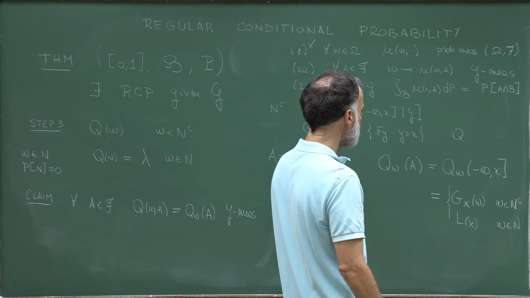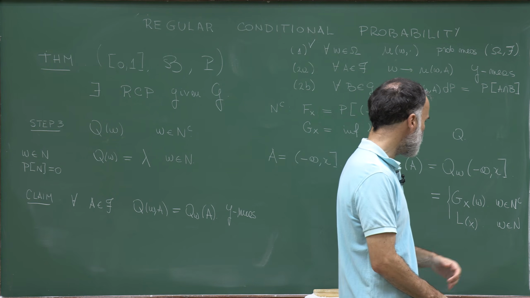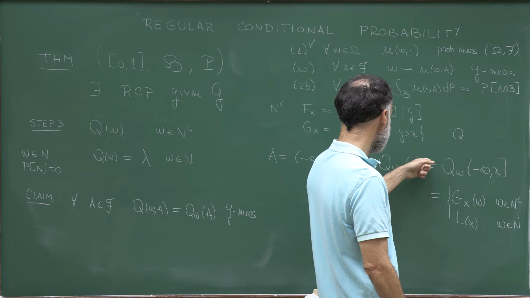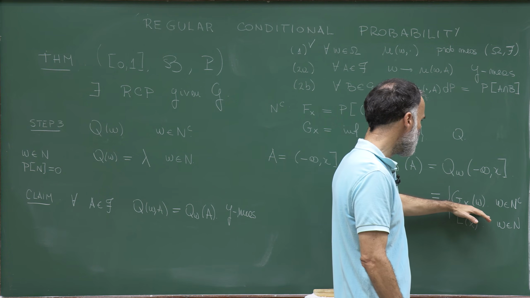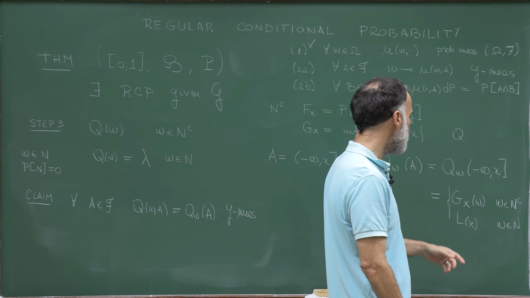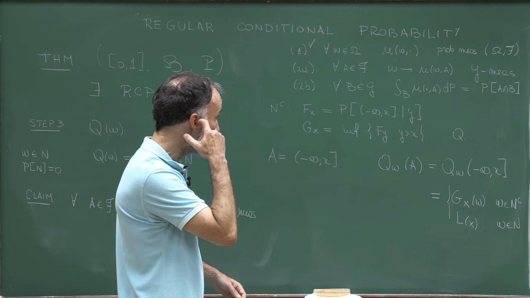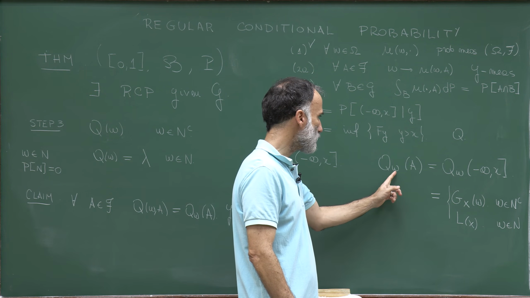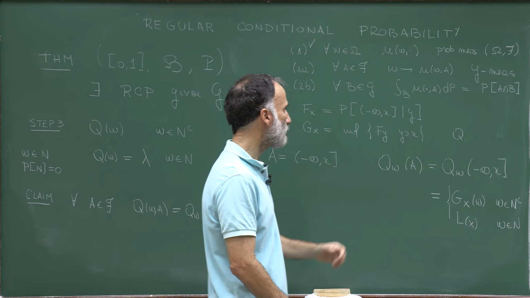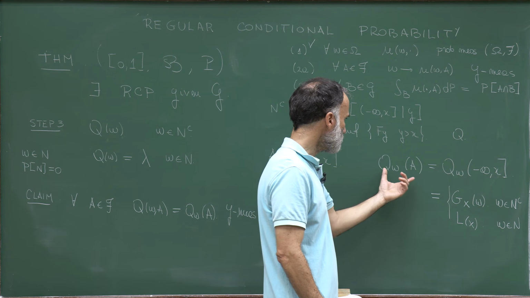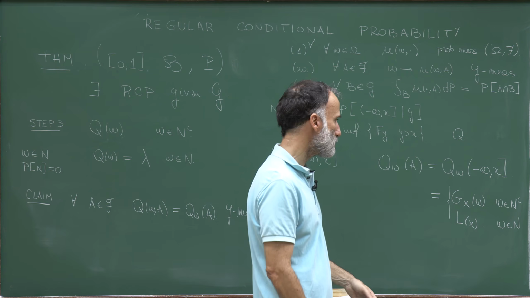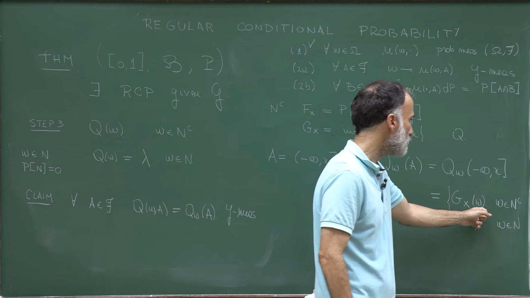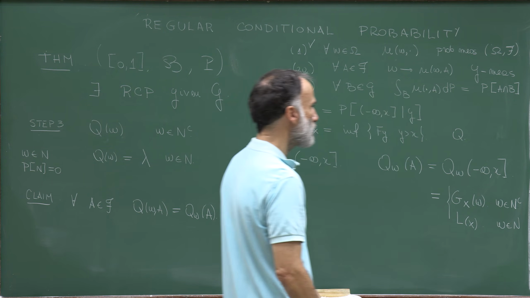And by construction, Gx is G measurable, n is G measurable. So this means that this function here is equal to that one almost everywhere, and therefore this as a function of omega is G measurable because, well, this function is G measurable as a function of omega, and the set n is also.